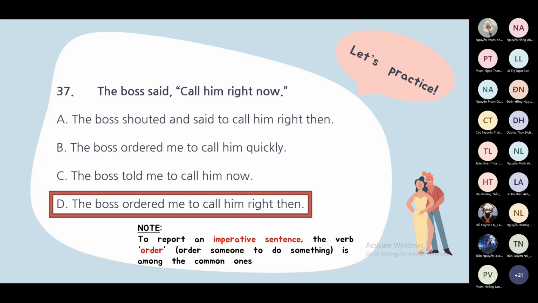A special note is that to report an imperative sentence, the verb order, which means order someone to do something, is among the common ones. So you need to remember this example well.